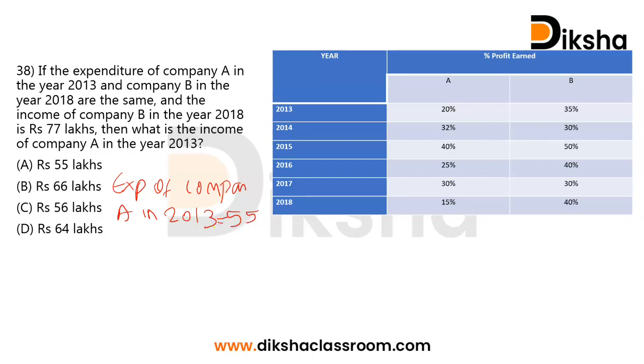But our question is to find the income. We got the expenditure as 55, and in the year 2013 company A has a profit percentage of 20.